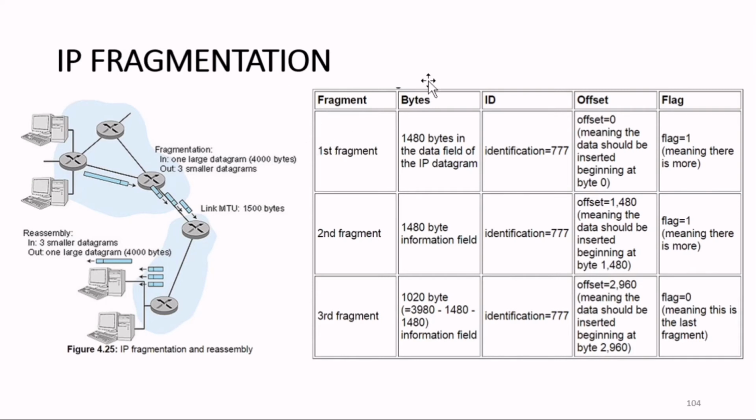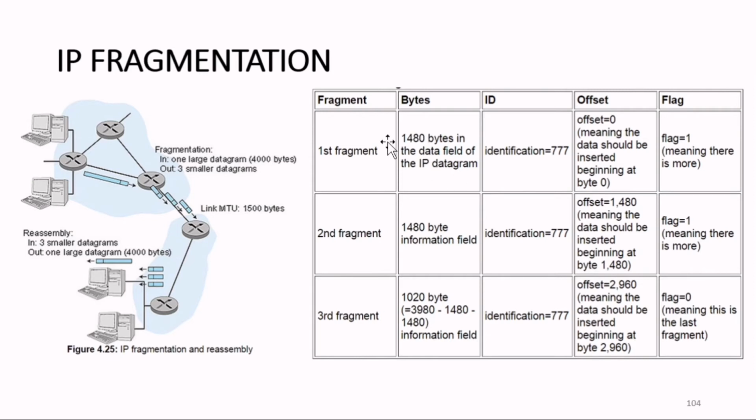First we need to make a table here, and we fragment the first piece. In the first fragment, we can only carry 1480 bytes of the data. The reason we can only carry 1480 where the link MTU is 1500 is that 20 bytes need to be used for the header.